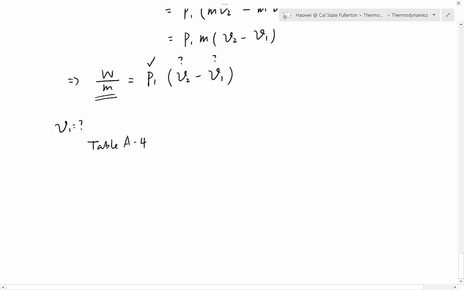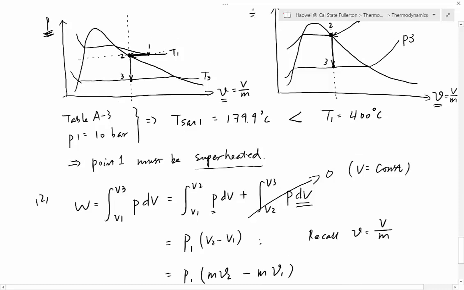Right? Remember how to use table A4. We have to provide two inputs. The first input always has to be pressure. So we have to find P1. And then in addition to P1, we need one more. We said we already know P1. P1 is the initial pressure, given as 10 bar. And then we just need one more property regarding point number 1.